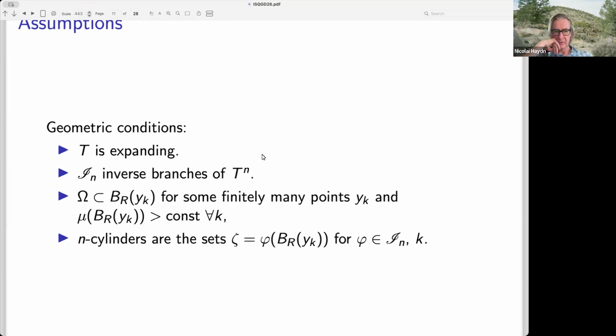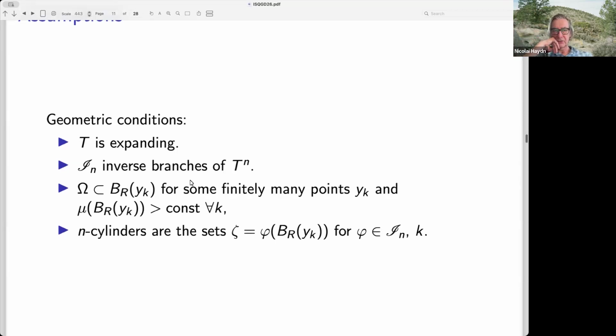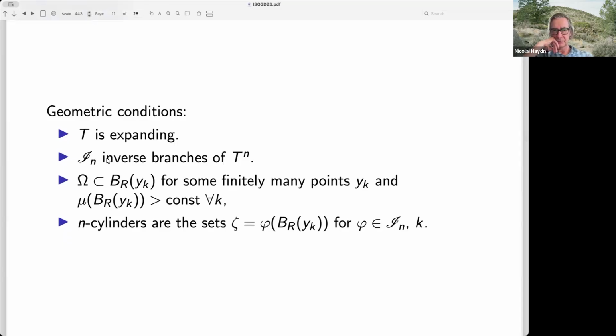Then one gets some inverse branches, because we need them. Then you want to make sure that these inverse branches don't behave in some weird way, meaning they get too small. So each of the inverse branches is defined on a sizable set. These are these balls. We want to be able to cover the whole set by some uniform balls.